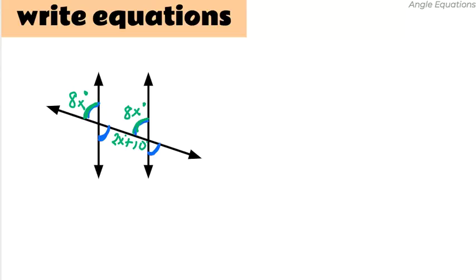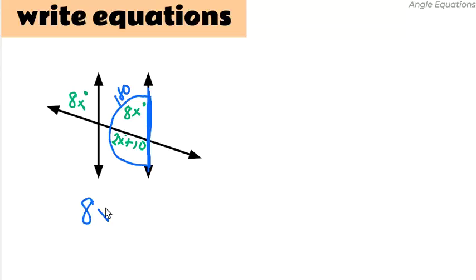And if I look here, I have a straight line. And if I have two angles that add up to a straight line, guess how many degrees they add up to? They add up to 180.